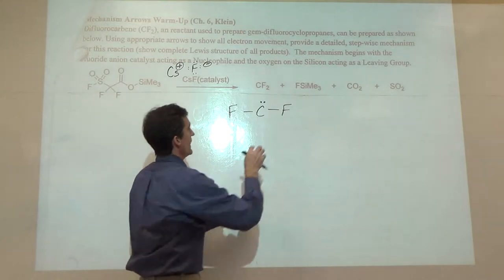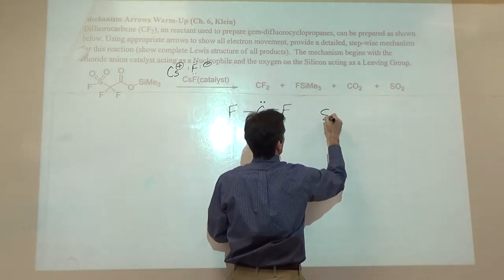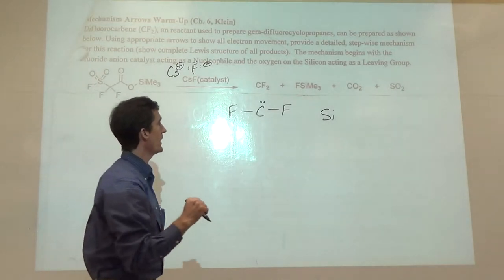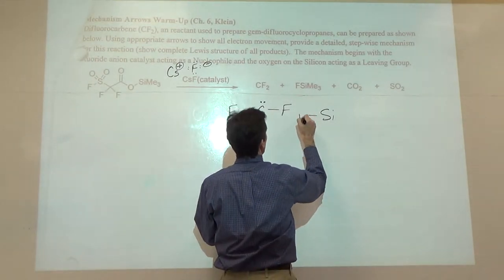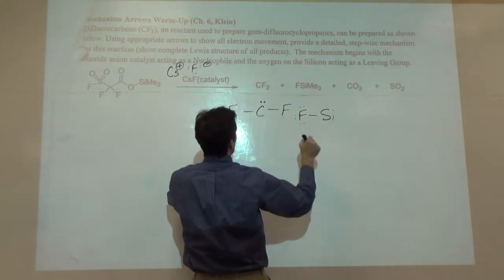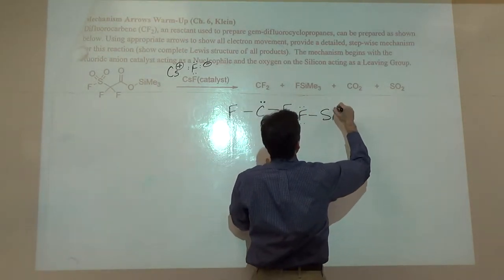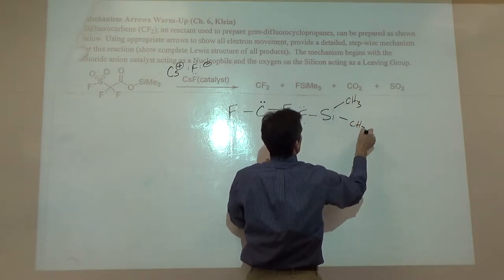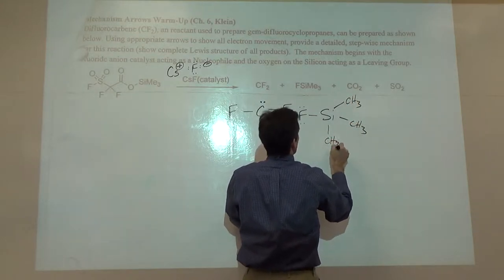Net neutral. This is just a silicon, which is below carbon in the periodic table, so it makes 4 bonds. It's bonded to an F. Of course, these have lone pairs. I'm not putting all the lone pairs there. And then 3 methyls: CH3, CH3, CH3.